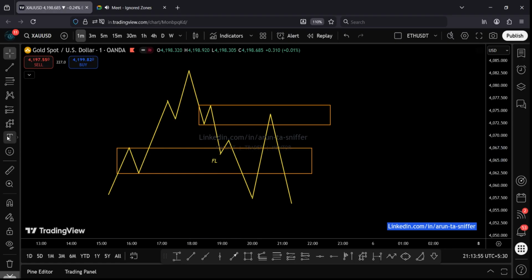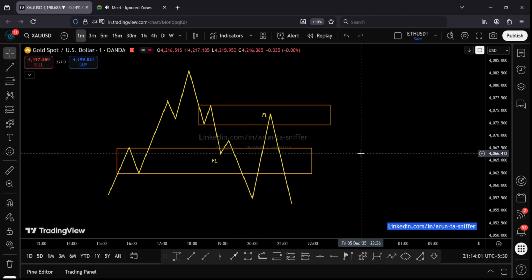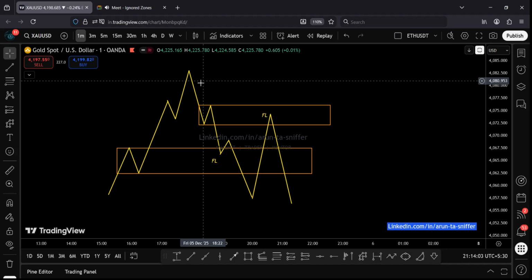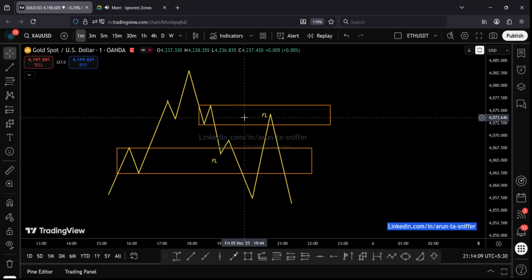This is an FL and this is also an FL. This was also an FL. What price should do, when price comes and hits an FL, is go back and reach the opposite FL to reach its minimum target.